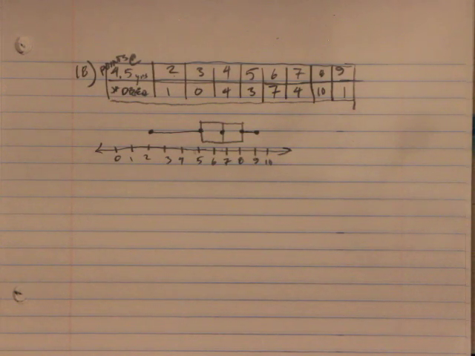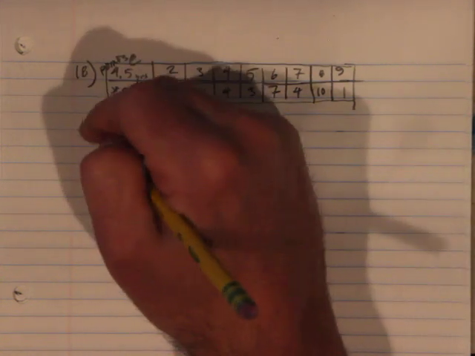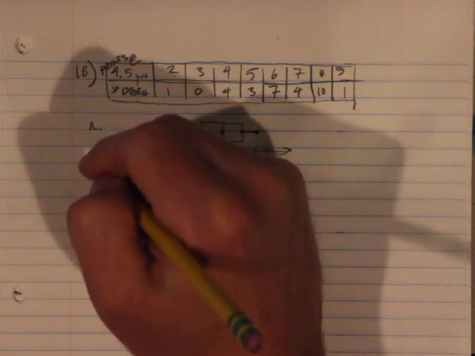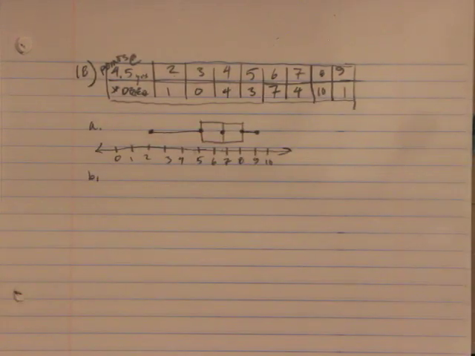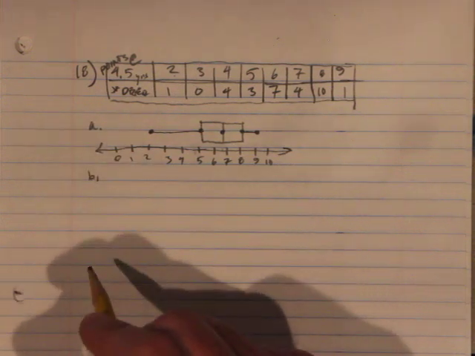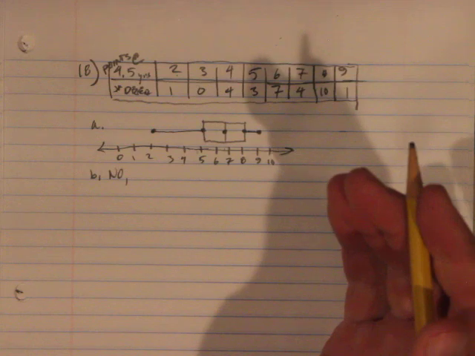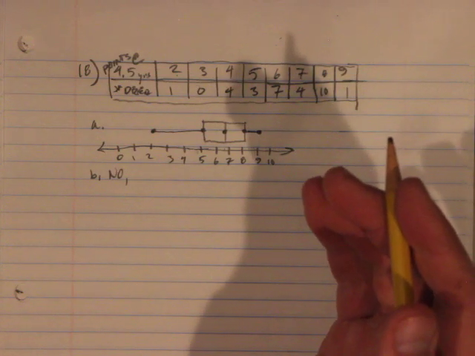All right. Then number 18, that was A, is construct your box and whisker plot. And then B is, can you predict how many points a deer would have at 4.5 years old if you know that it had 2 points at 1.5 years? Now, that's kind of a tricky question. The answer is no, because there is a wide range on this graph.